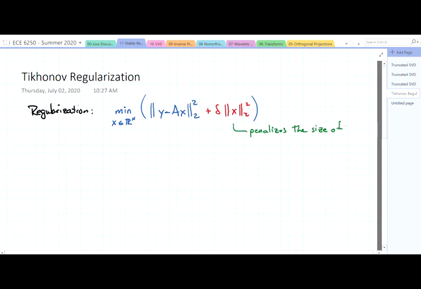One way of thinking about it is it's saying we have a prior belief that x should be 0 or close to 0, and inasmuch as x gets away from 0, we're going to increase the cost of our cost function. So if delta is large, we place great importance on keeping x small.